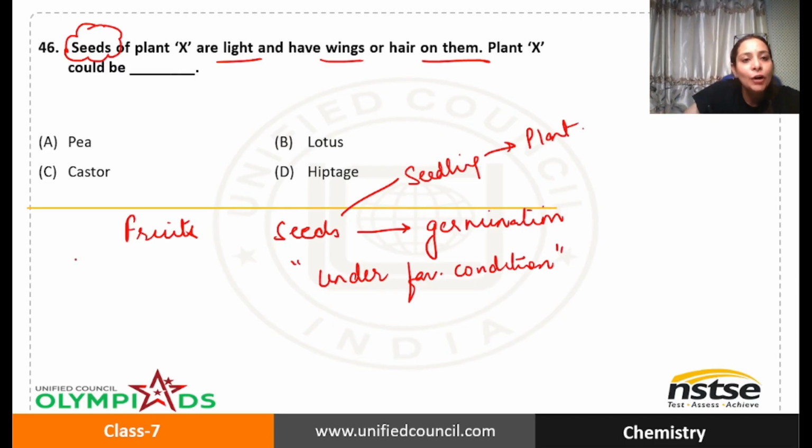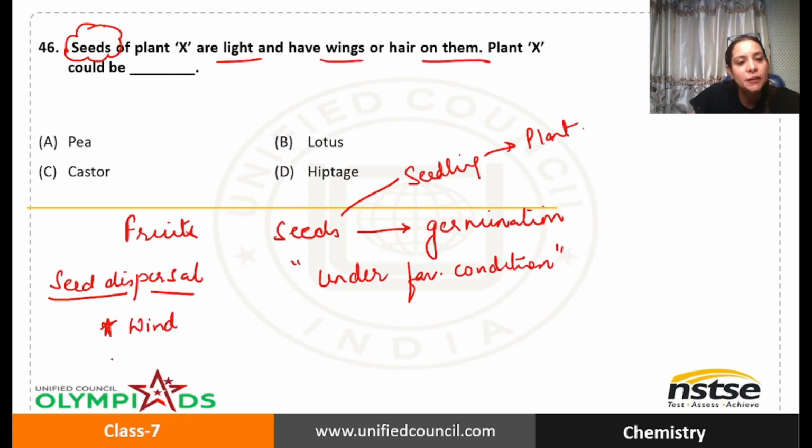So for seeds to germinate, a necessary process is seed dispersal. That's the transportation of seeds to a favorable place where they can get all suitable conditions and germinate. Now different types of seeds are dispersed by different methods. Either they are dispersed by wind or water, or through animals or birds, and also by the explosive method.